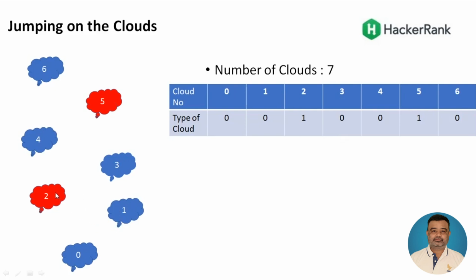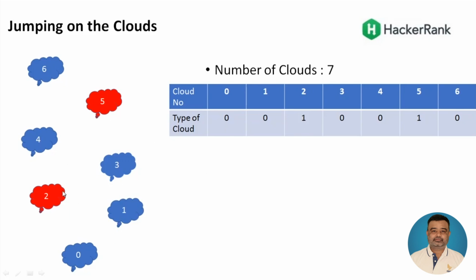So I've taken the same input which was mentioned there. I've just marked the thunderheads with red color here, and the cumulus with blue color. The starting one is always a cumulus, and the last one is always a cumulus, right? And programmatically the data will be represented as zeros and ones. 0 for cumulus, which is visible as blue color here, and 1 for thunderheads, which are in red color here.